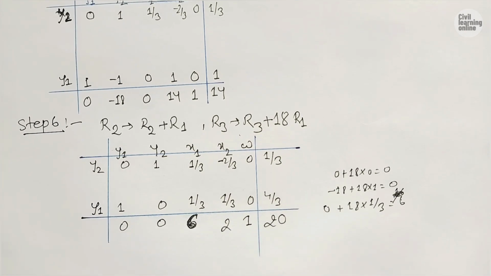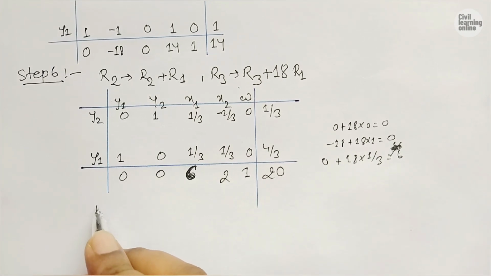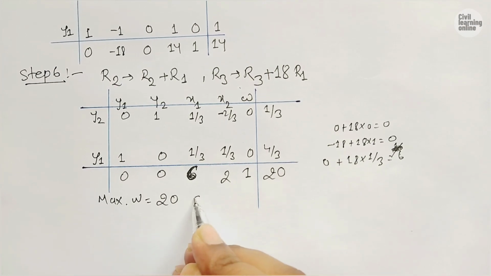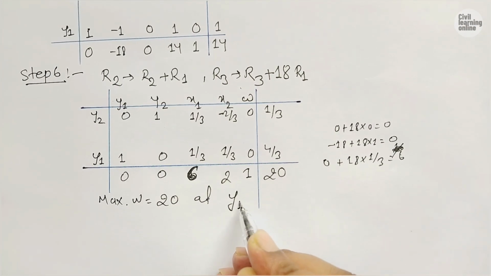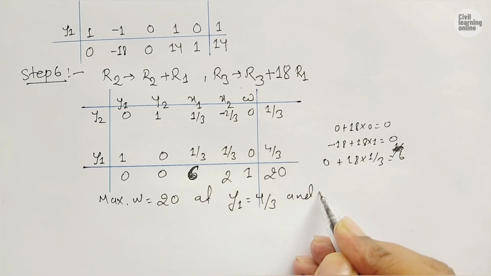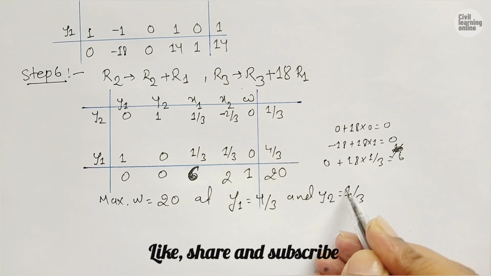Now what we need to do is, see here we have max w equals 20 at y1 equals 4 by 3 and y2 equals 1 by 3.